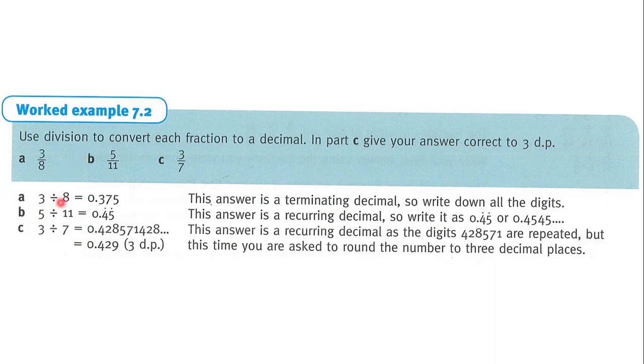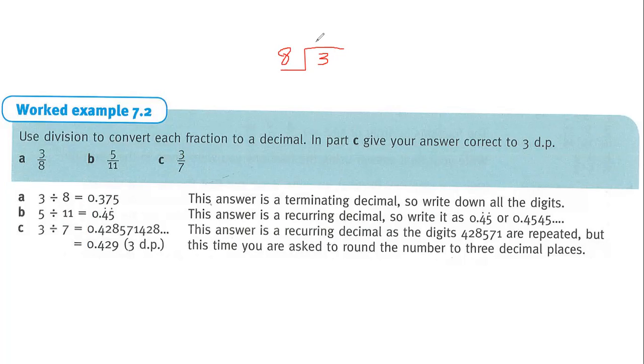Okay, so 3 by 8, how will we solve this? That is an easy way. First you put your 3 here, because in this case the denominator is bigger. So here is 8 and here is 3.